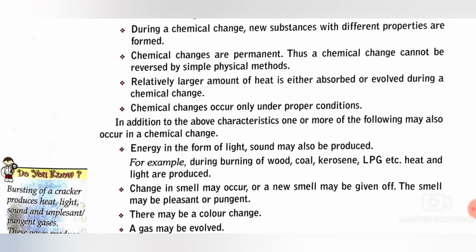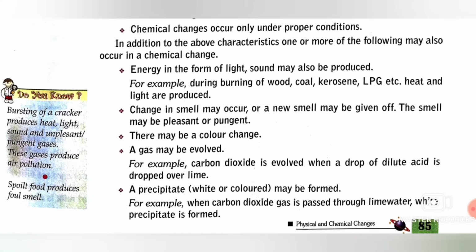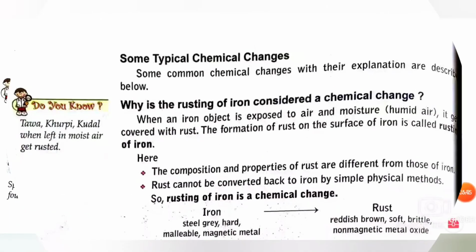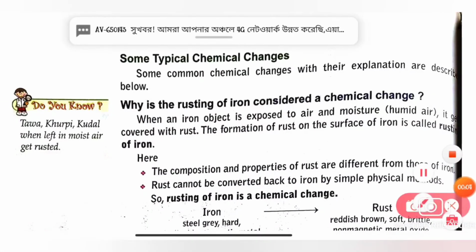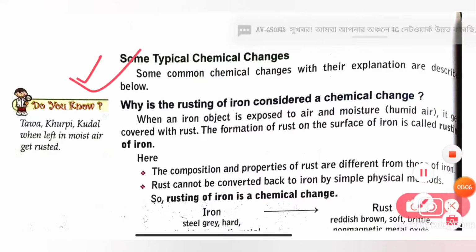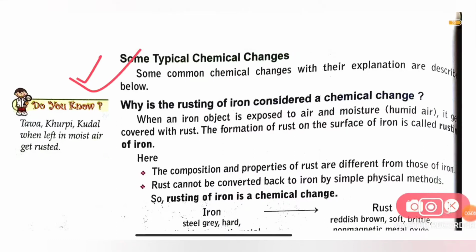These are all the characteristics of chemical changes. Now let's discuss some typical chemical changes. There are several examples that I have already discussed: burning of coal, rusting of iron, food digestion, germination of seeds. Here we will discuss some of them.